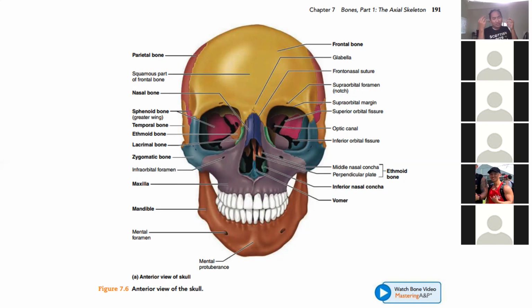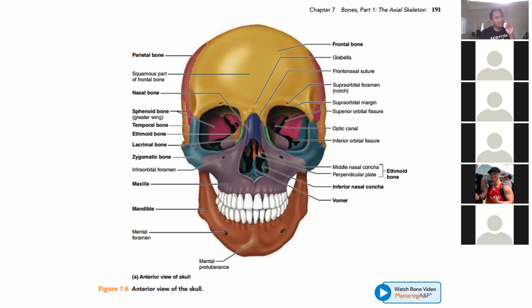This infraorbital foramen is small, but it's really important, guys, because a nerve comes out from this infraorbital foramen to give sensation on the maxillary region, on the front surface of your face.